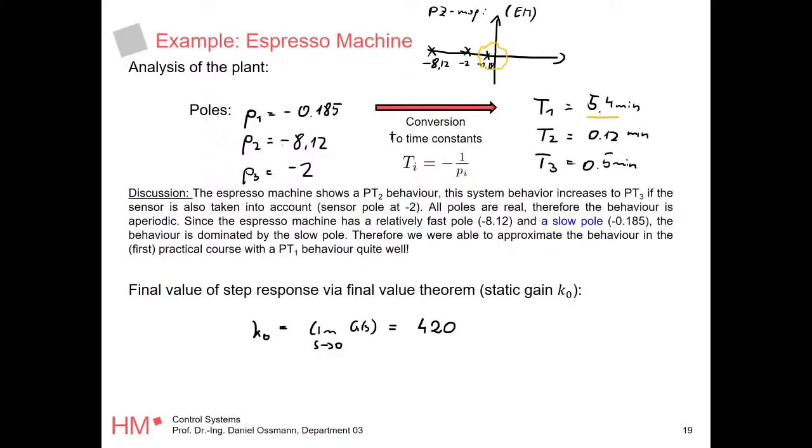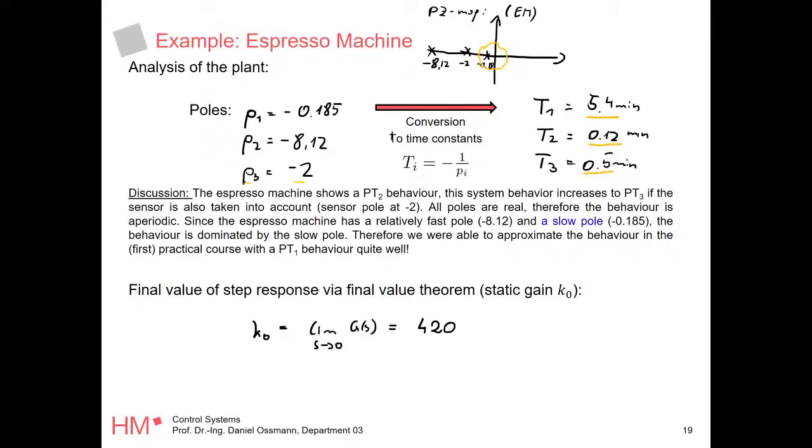The second pole, at minus 8, gives 0.12 minutes. And the final one, which comes from the sensor, is about half a minute.